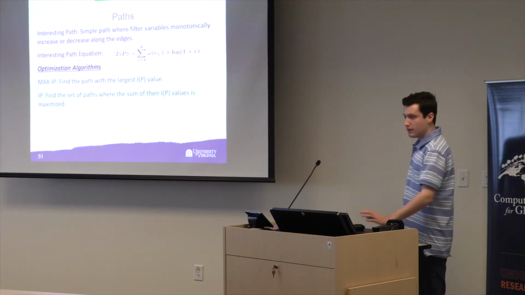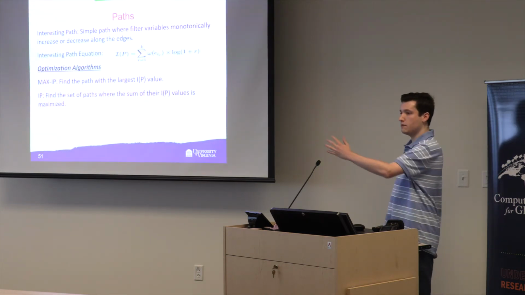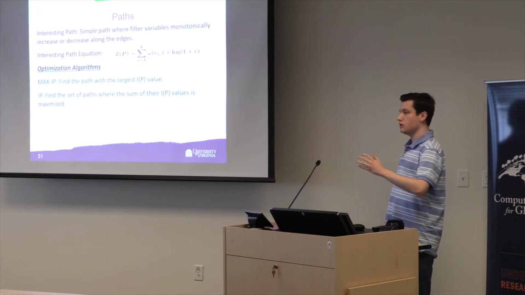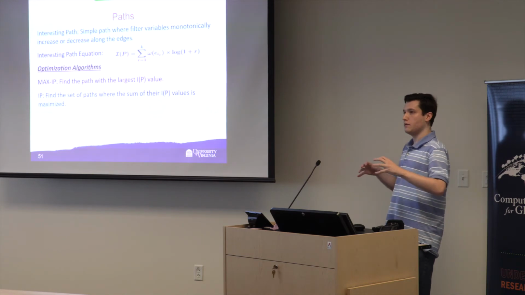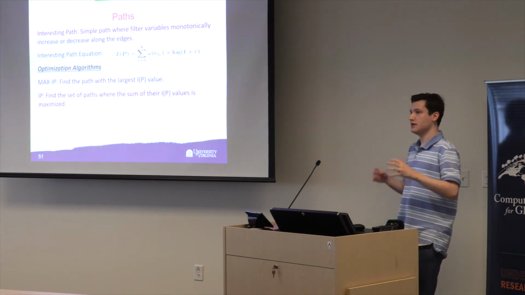What we define as an interesting path is a path where, if you follow the directed edges, for every filter variable you'll be monotonically increasing or decreasing. That makes it interesting because for all of our filter variables, we're getting away from the average.